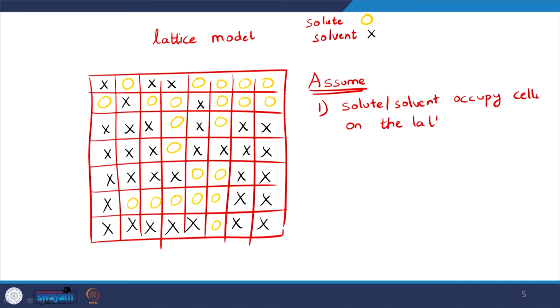So now imagine an actual situation. In actuality, you can have a continuous space where the solute and solvent can be anywhere. Now, if I have to elaborate what are the possible positions and possible momenta, that is going to be huge for the continuous space, in fact infinite.